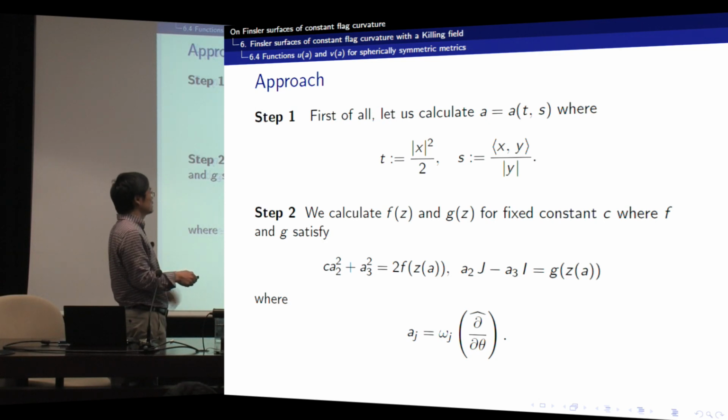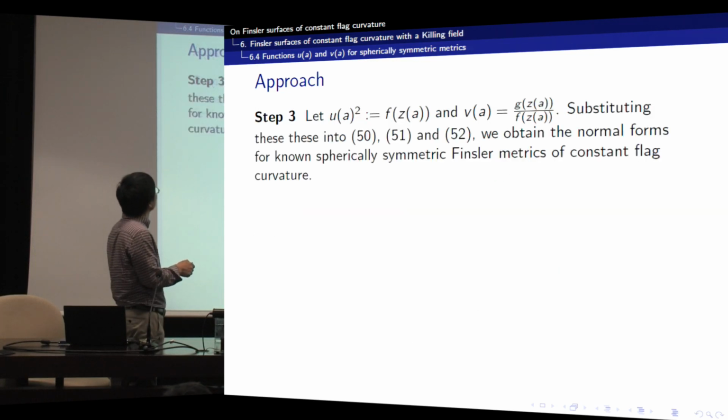Here I is the main scalar, J is the Landsberg curvature, and ω_J means ∂/∂θ hat. The last step is let UA² equal F(z_A), and VA equal G(z_A) over F(z_A).